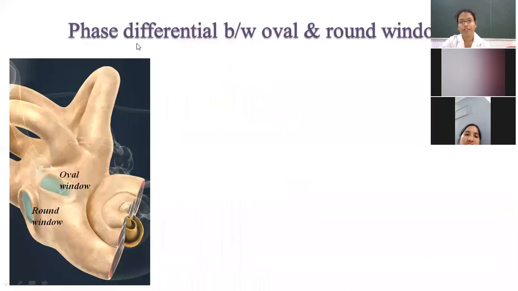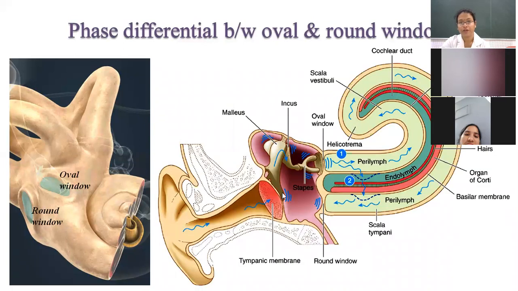The second important thing is the phase differential between the oval window and the round window. So here you remember the stapes is attached to the oval window, and this is the round window. Once the footplate strikes here, I mean the oval window, the fluid is set into vibrations.